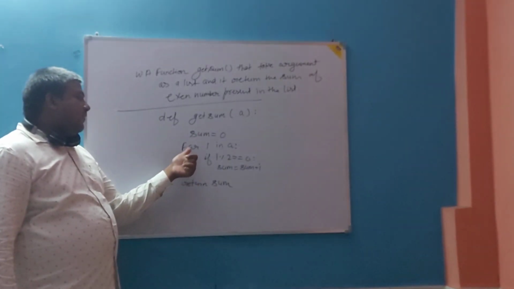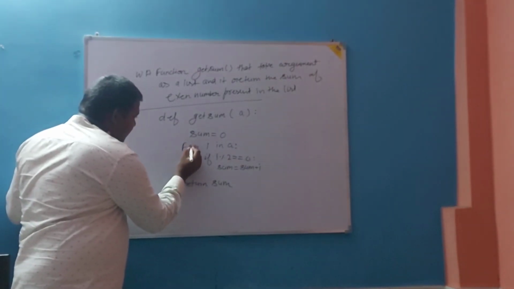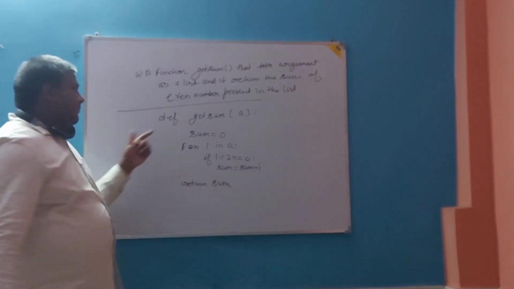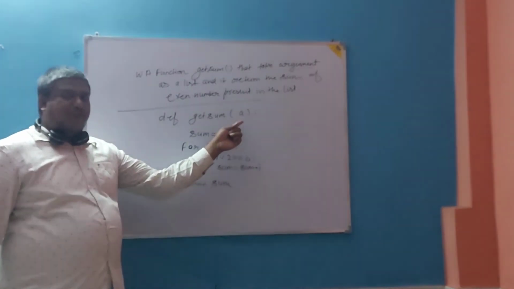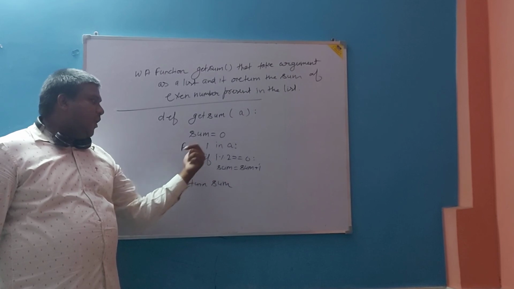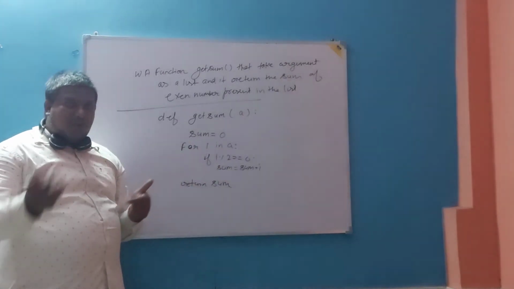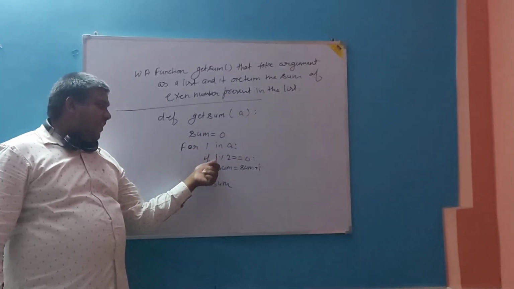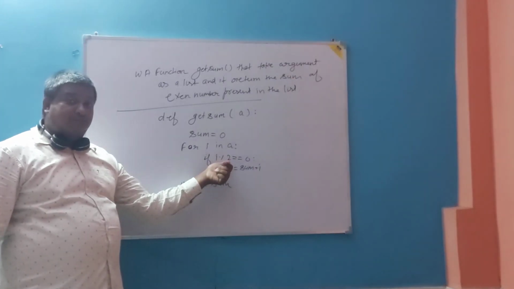So look here. This is a for loop. We have one function get sum. We have passed a here, sum is equal to 0. For i in a, we take one element from the list and we check whether that element is fully divisible by 2 or not.